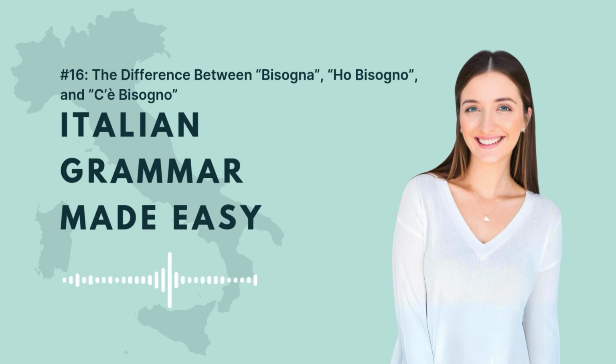The second one is ho bisogno. In this case, we are conjugating the verb. We are specifying the subject. Ho bisogno means I need. Finally, c'è bisogno. C'è bisogno means there is need. And in this case, we are using c'è, there is, followed by bisogno.